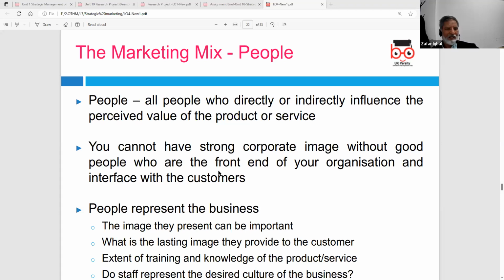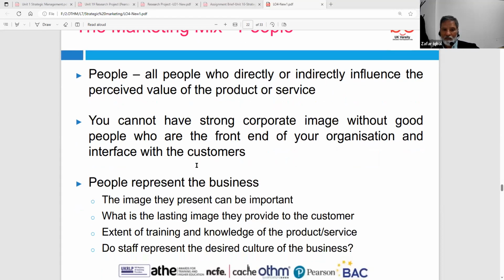An organization cannot survive without people, because people are a very strategic and valuable part of the organization. If you have a good number of intelligent people who know what they're doing, they create a strong image for the organization.